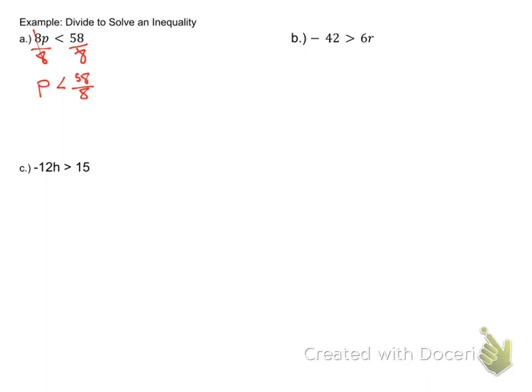So that means they're both divisible by 2. What is 58 divided by 2? 29. And 8 divided by 2 is? It's 4. 29 is a prime number, I do believe, so 29 over 4.